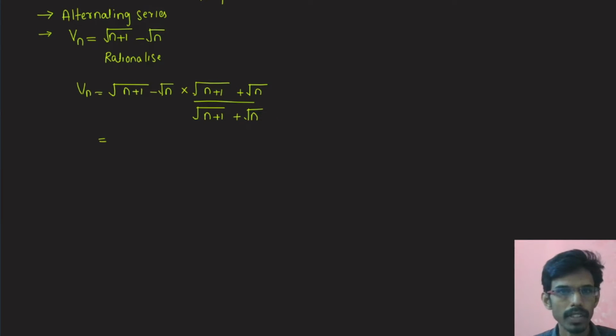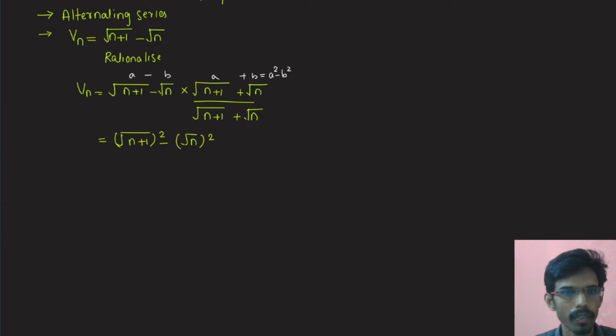Now see here, this is in the form of a minus b into a plus b, which will be a square minus b square. So this will become root n plus 1 squared minus root n squared upon root n plus 1 plus root n.